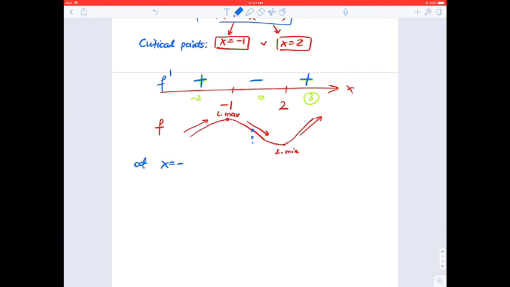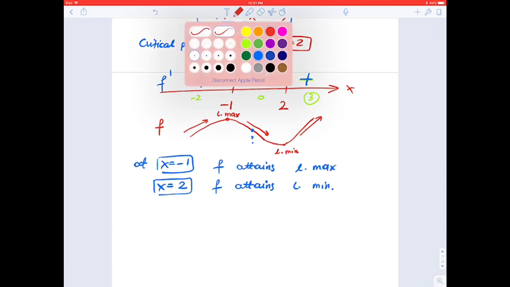But I can say that at x negative 1, the function attains a local maximum. At x positive 2, function f attains a local minimum. Okay, really good.